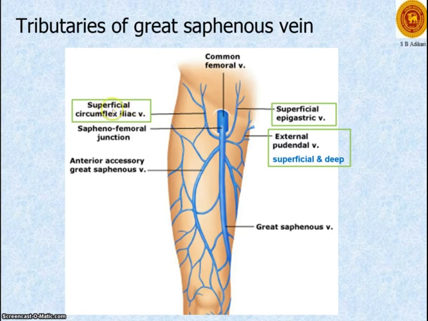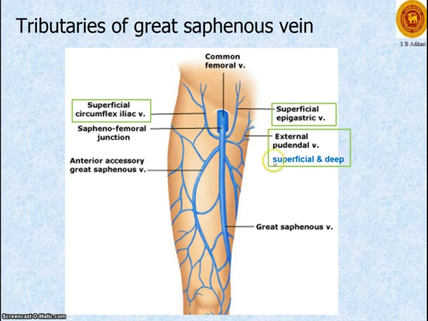You can see there is one vein coming from the lateral aspect of the thigh and the trunk, which is called the superficial circumflex iliac vein, and the medial side of the anterior abdominal wall below the umbilical area is drained by the superficial epigastric vein, and there are two veins draining the medial aspect of the thigh and the perineum.